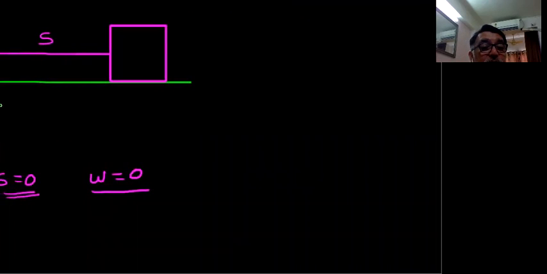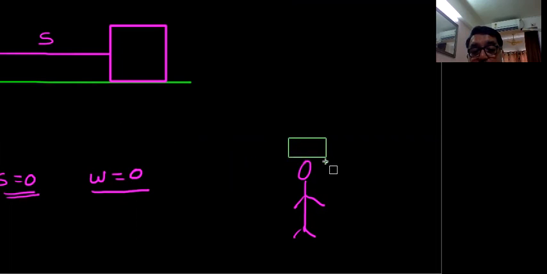Similarly, let's assume this is a coolie. A coolie is standing with a bag on his head. After some time, this coolie will get tired and will have to put the bag down.